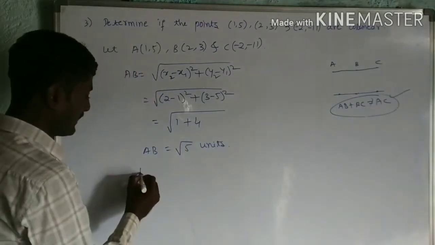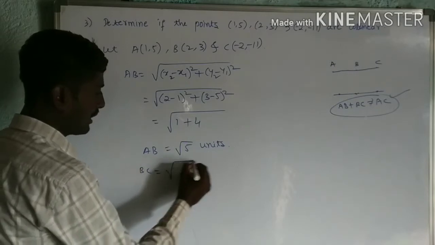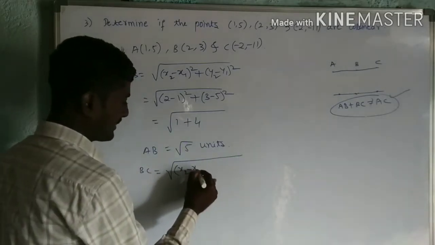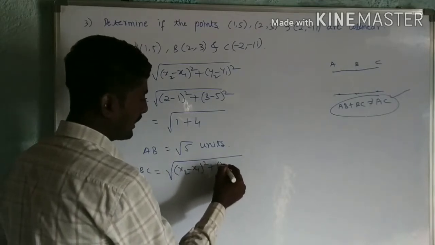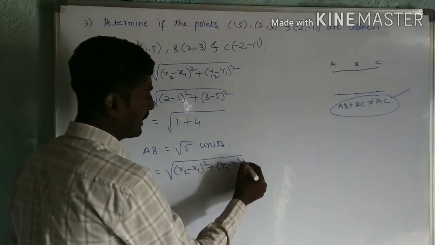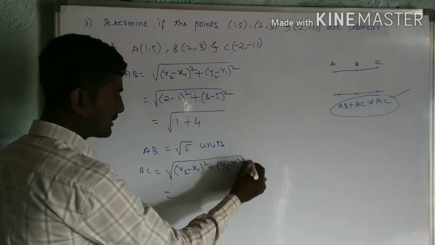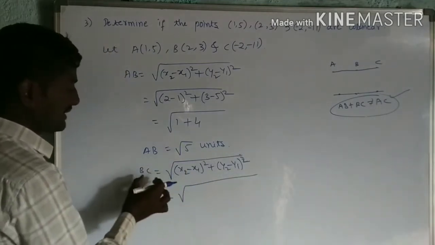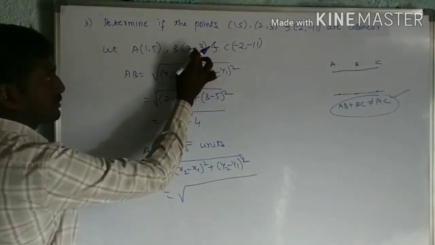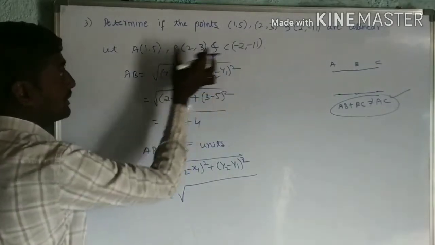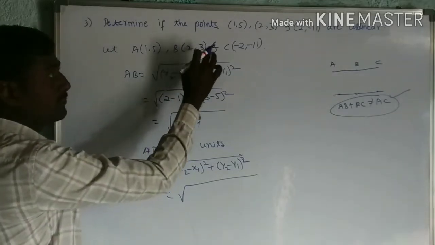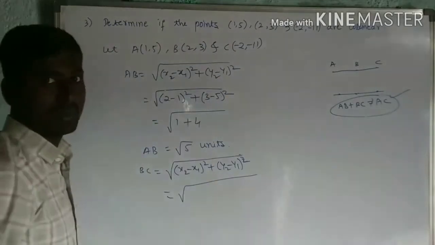Next I will find BC. BC is equal to under root of the same formula, (x2 minus x1) whole square plus (y2 minus y1) whole square. Now let us substitute the values. For BC, I will take B as x1, y1 and C as x2, y2. In the last problem I had taken it the other way, but no problem at all.